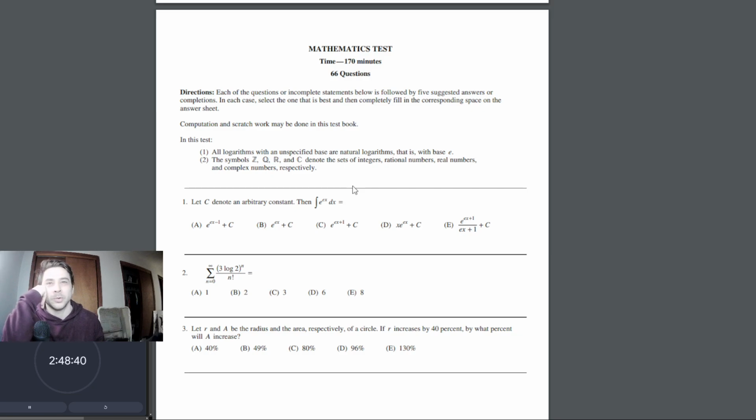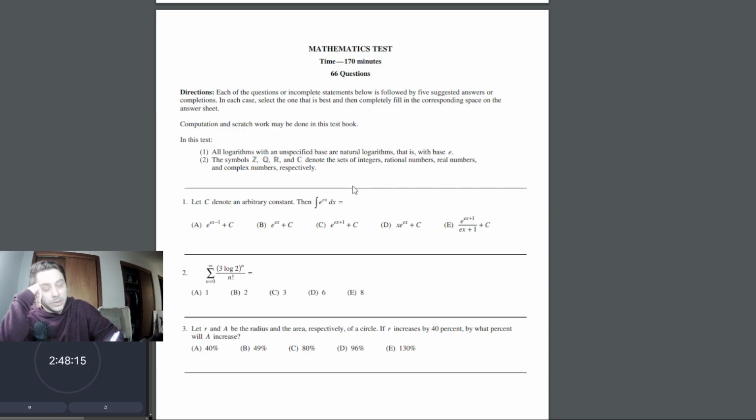All right, I was more cocky than I thought. I looked at question 3 and I was like, oh, I could do this easy. Question 3: R be the radius, A the area of the circle. If R is increased by 40%, what will A increase by? So area equals pi R squared.